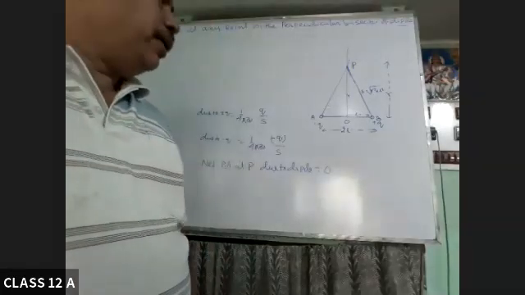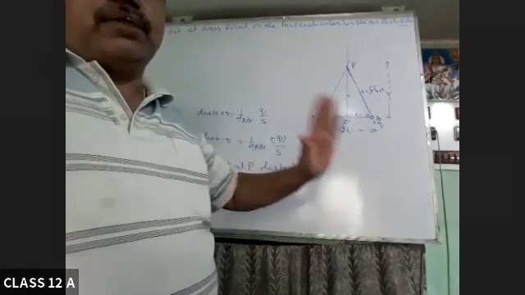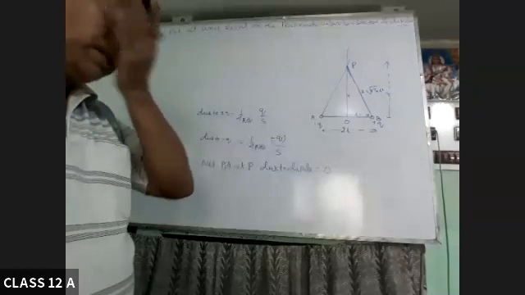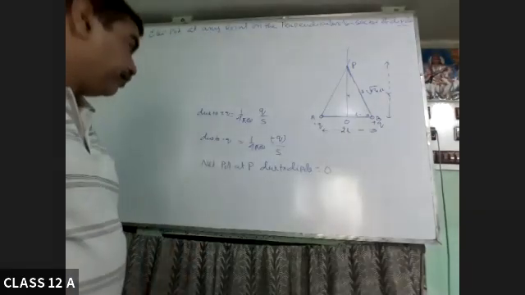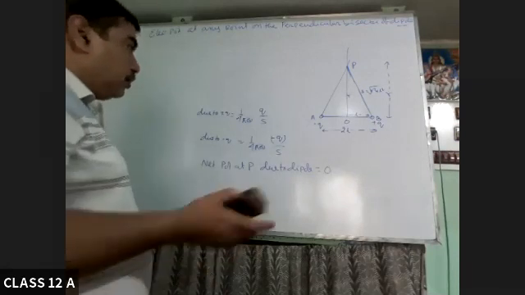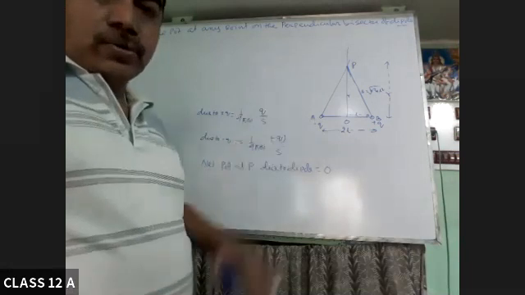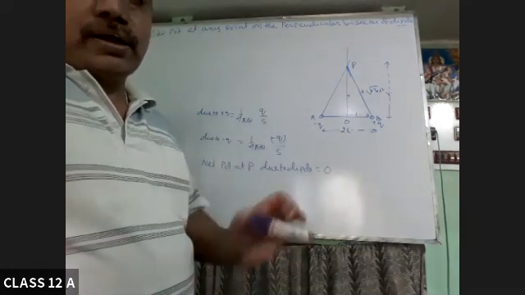So if electric potential is 0, that doesn't mean electric field is also 0. And the same thing in reverse: if electric field intensity at any point is 0, that doesn't mean electric potential is also 0.